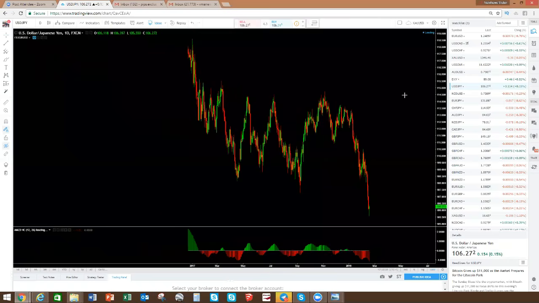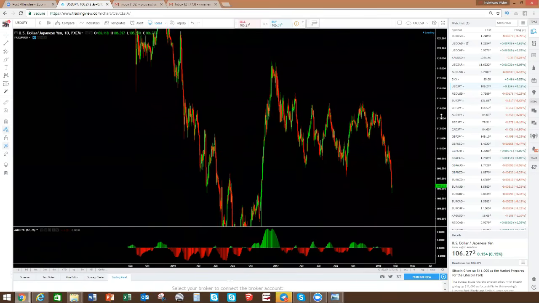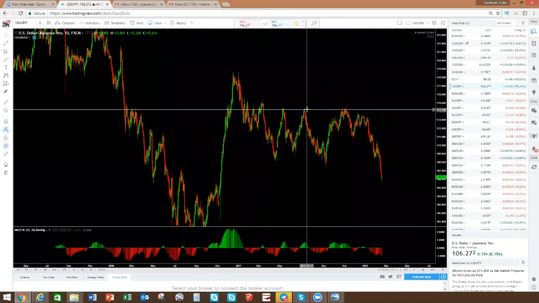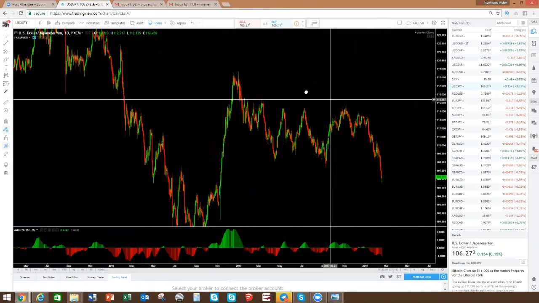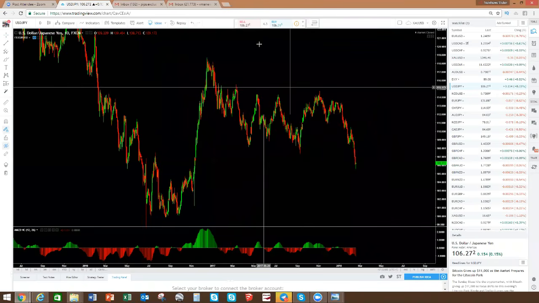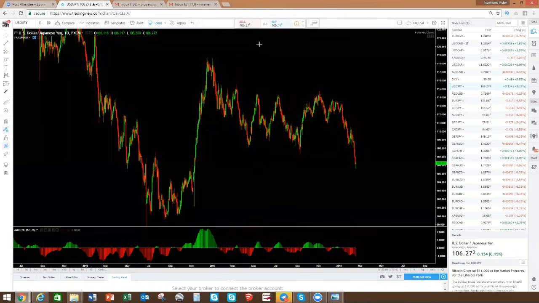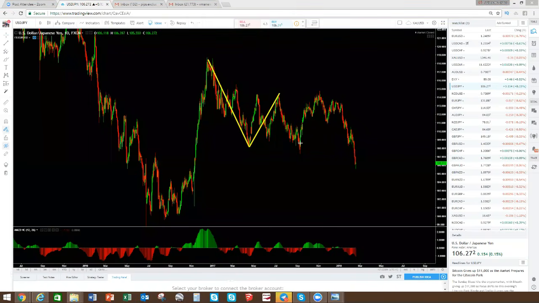From here, we were here. 1, 2, 3. We said we're looking for US dollar JPY to come to the 104 area. I actually mentioned 104 in July last year because I was simply looking at this simple structure W, X, Y.